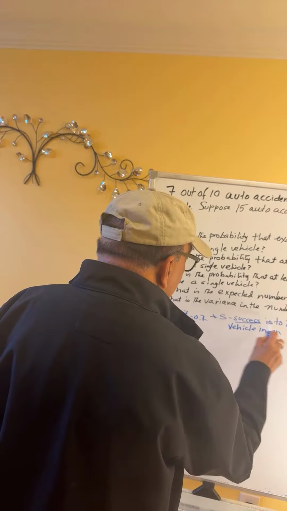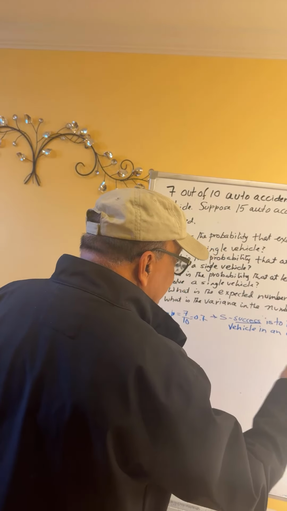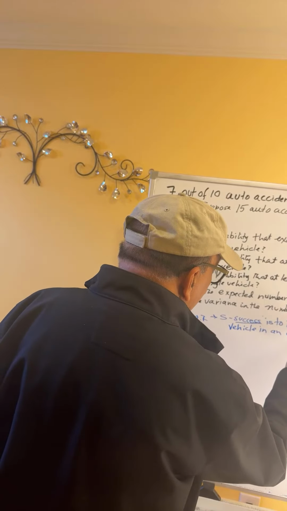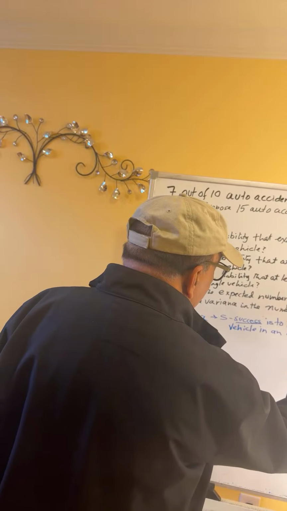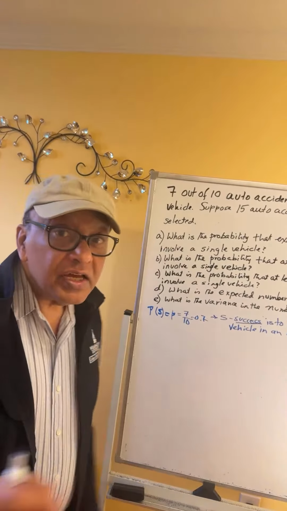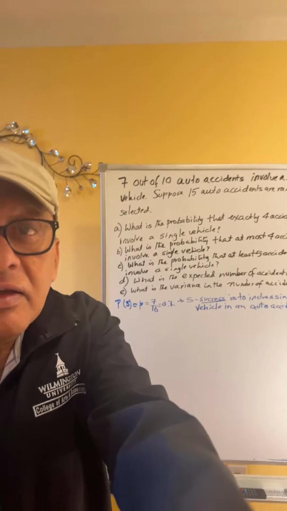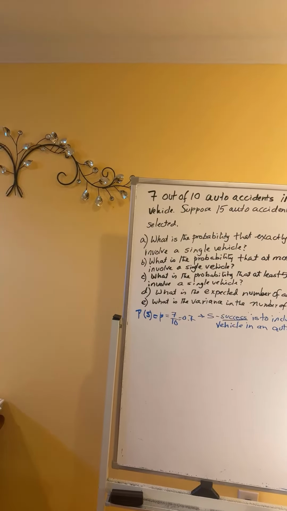So this is your success. And if it is more than one vehicle, then it is a failure. That is the way this problem is defined. So involving one vehicle in an auto accident is success in this case.